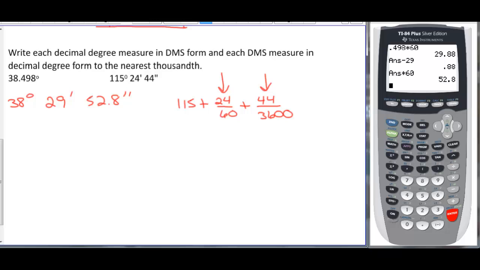Is that right? Yeah, an hour. 115 plus 24 divided by 60, and then this last part doesn't add a whole lot, but it adds a little, over 3,600. So 115.412 degrees.